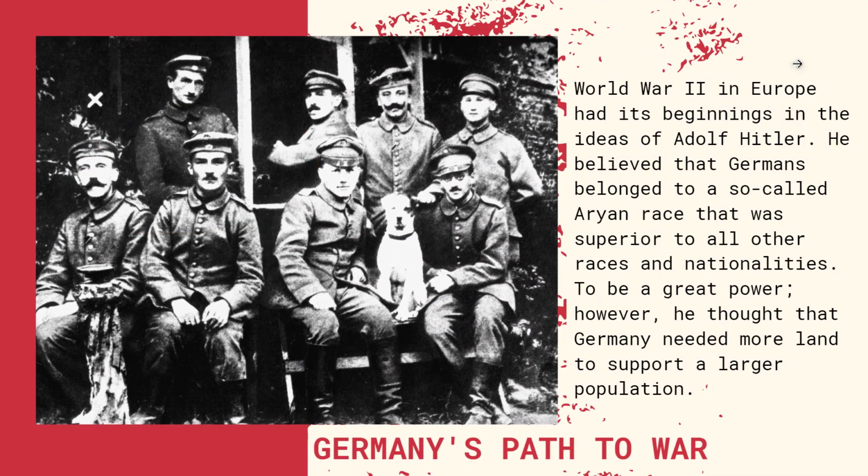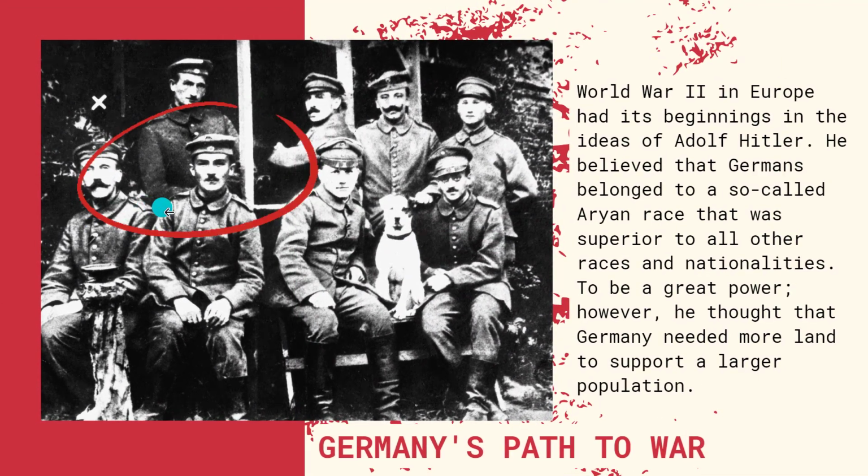If you notice this guy right here, this was from our last video, that is Adolf Hitler, and he was a soldier during World War One. A lot of the beginnings of World War II had to do with Adolf Hitler and his idea of creating this so-called Aryan race or Aryan nation, because he believed that the Aryan race was superior to all other nations, nationalities, or ethnicities.